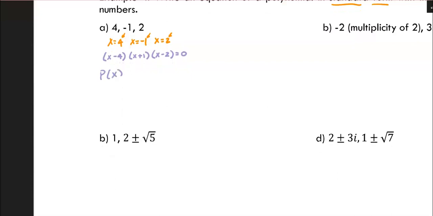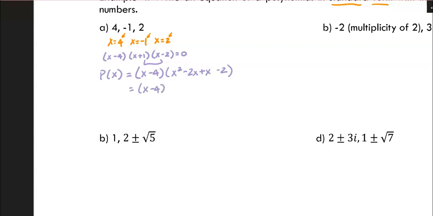P of x equals, and I have to multiply, so that's going to give me x minus 4. Let's multiply these two: x squared minus 2x plus x minus 2.